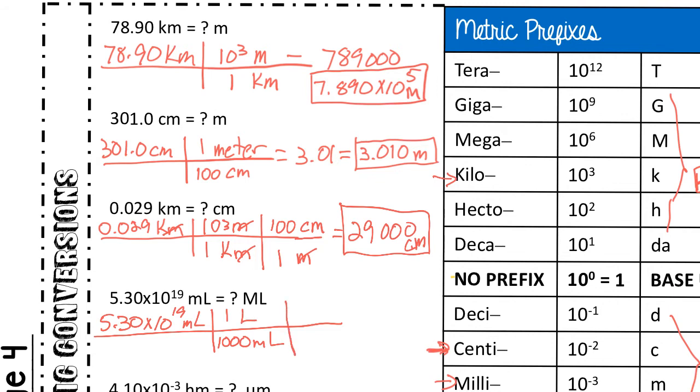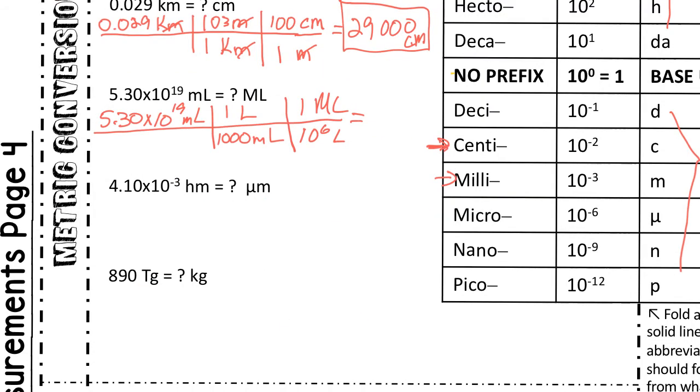Now I've gone through my base unit. Now I have to go to mega. So there are 10 to the 6 liters in 1 megaliter. Calculator time. And the answer you're going to get is 5.30 times 10 to the 9 megaliters.